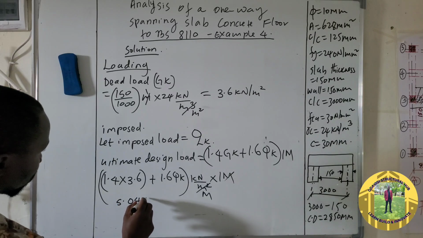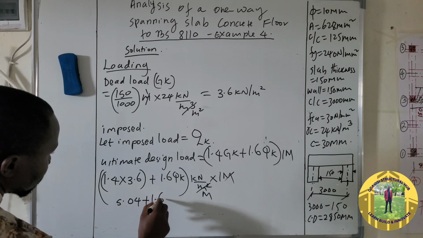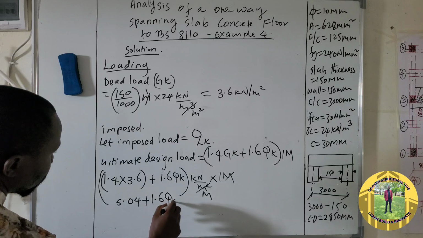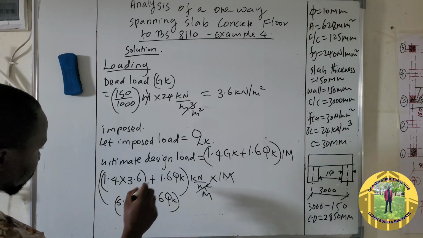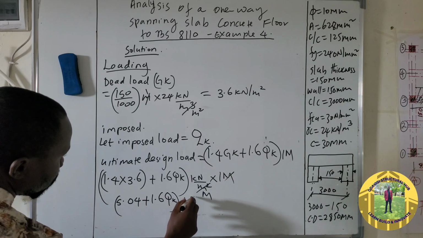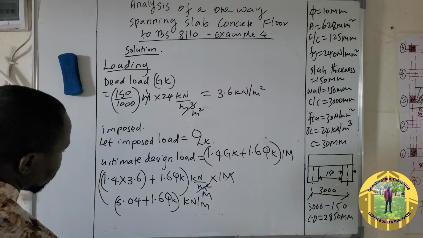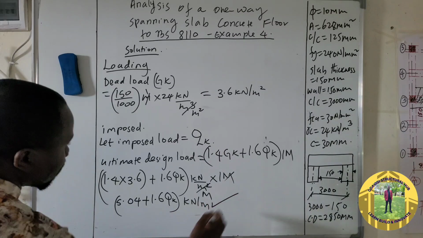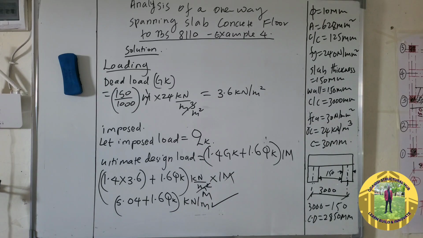So 5.04 plus 1.6 QK, and this is kilonewton per meter. So this is the design ultimate load. After this, we now proceed to the ultimate design moment.